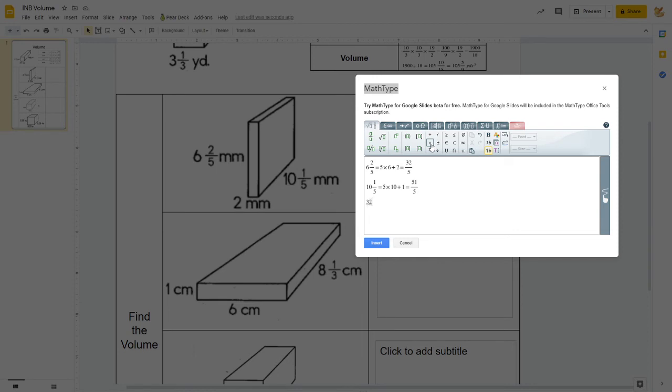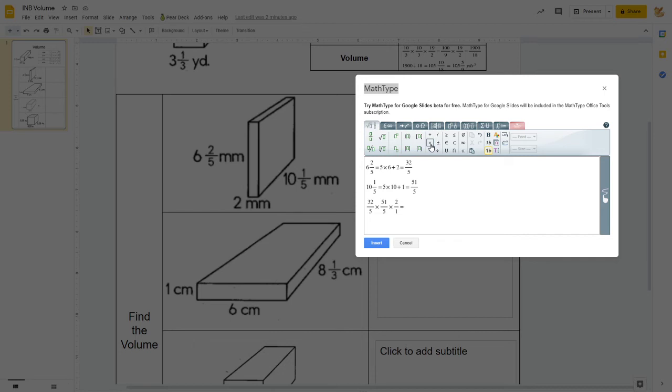So we have 32 over 5 times 51 over 5 times, now this one is 2. Just straight out 2. So if you remember, when you have a whole number multiplied with fractions, you put the whole number over 1. Now we have 32 times 51 times 2.